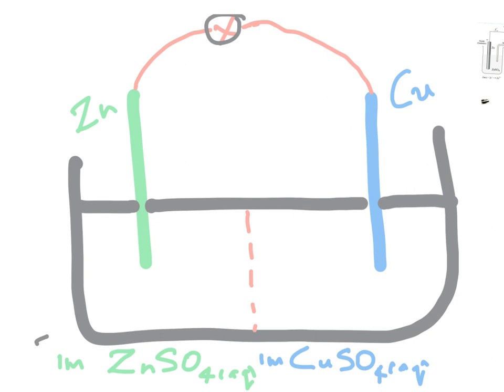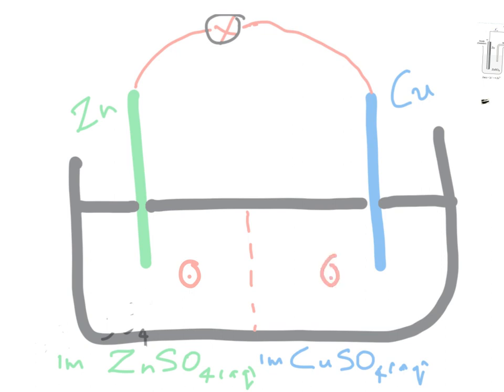Zinc is a 2 plus ion and sulfate is a 2 minus ion. That means if we take one more molecule of zinc sulfate, it contains 2 plus and 2 minus. That means it's electrically neutral, charge is 0. So it's the same case in copper sulfate also, right? So initially these two solutions, their net charge is 0, right? Here net charge is 0, here also net charge is 0 initially.